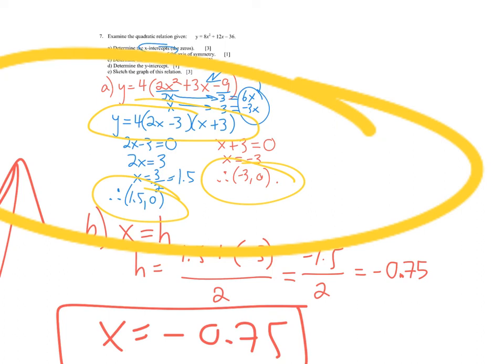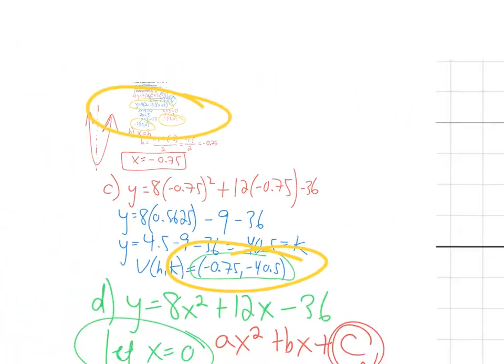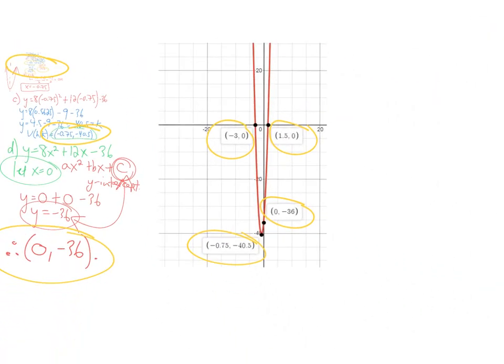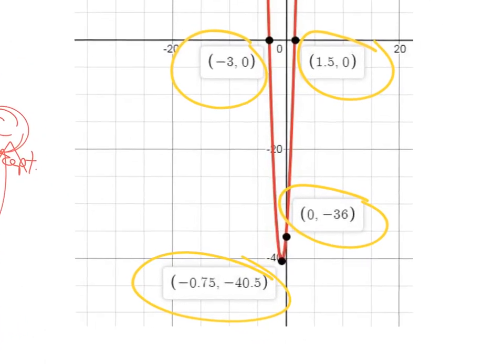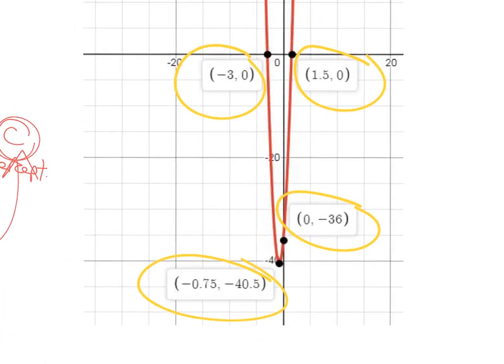So 1.5 comma 0 and negative 3 comma 0. And zooming back to the graph, we could see our x-intercepts, we could see over here, we could see our y-intercept, and we could see our vertex. And then our curve goes through them all.